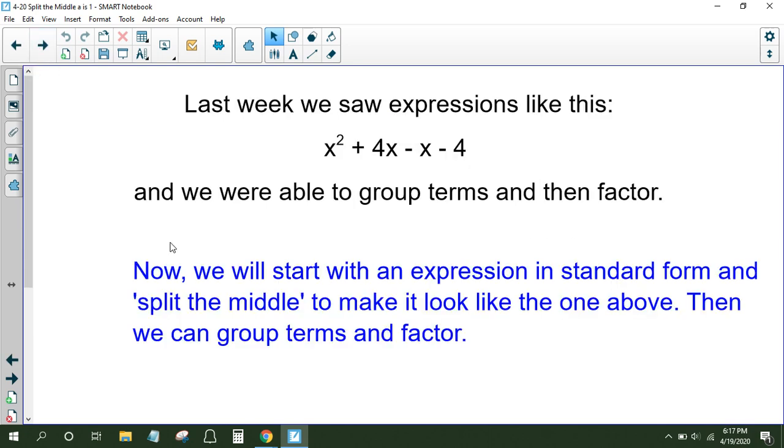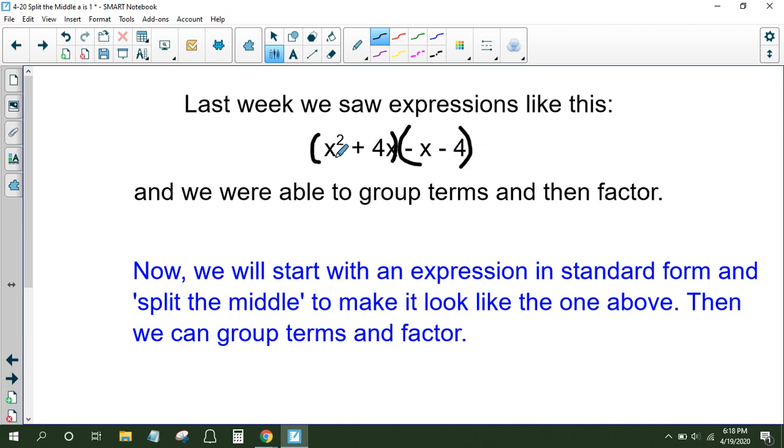Last week, we saw expressions like x squared plus 4x minus 4. We were able to group terms and then factor. We grouped the first two terms together and the second two terms together.